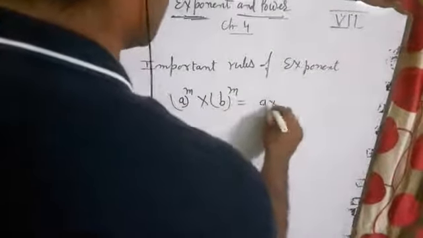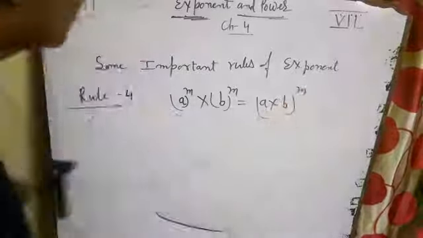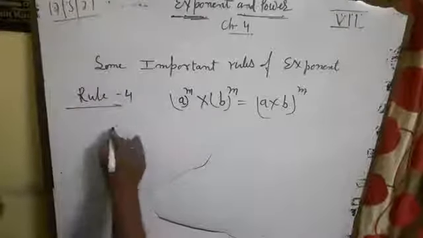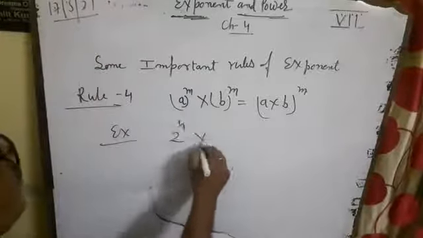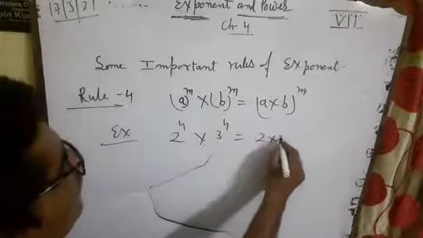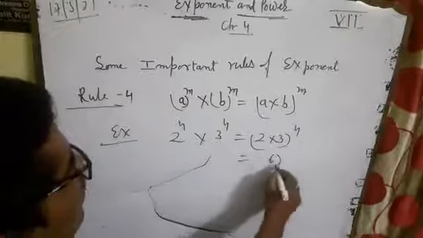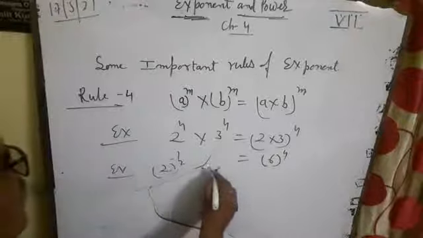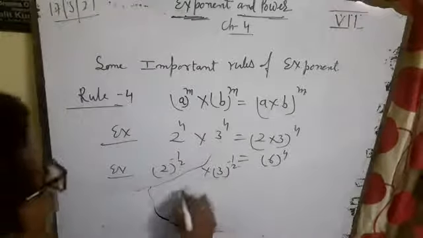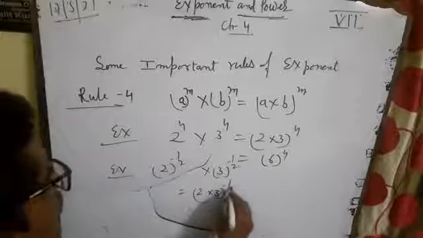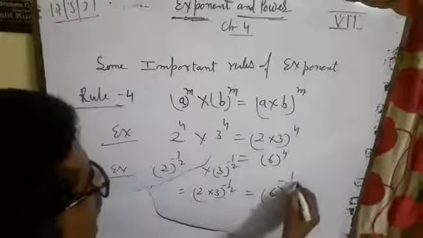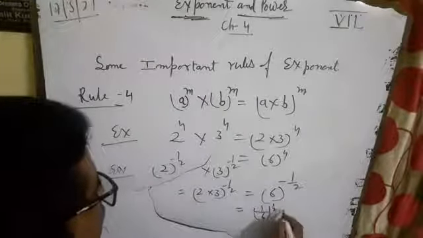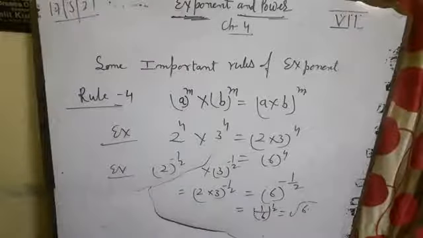So this is A into B to the power N. For example, 2 to the power 4 into 3 to the power 4. It means 2 into 3 to the power 4, or 6 to the power of 4. One more example, 2 to the power minus 1 upon 2 and 3 to the power minus 1 upon 2. So this is 2 into 3 to the power minus 1 upon 2, or 6 to the power of minus 1 upon 2. This is 1 upon 6 to the power of 1 upon 2, or root 6.